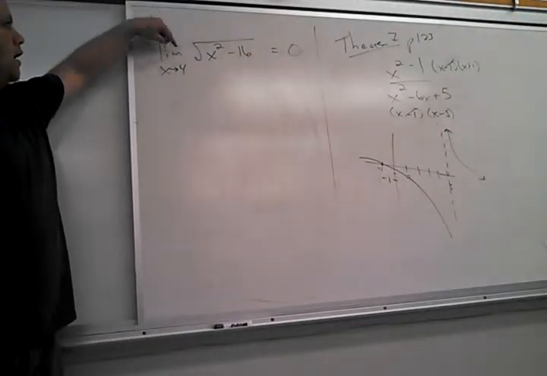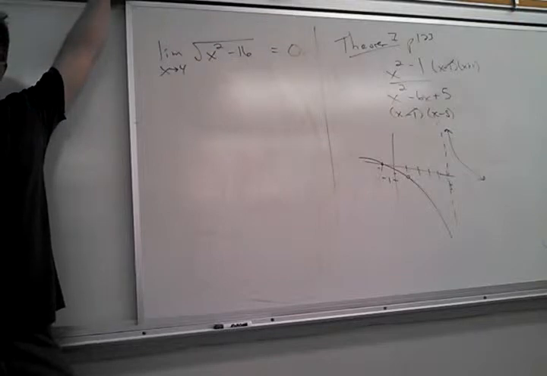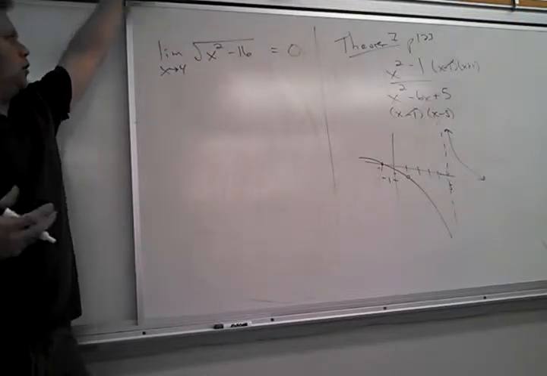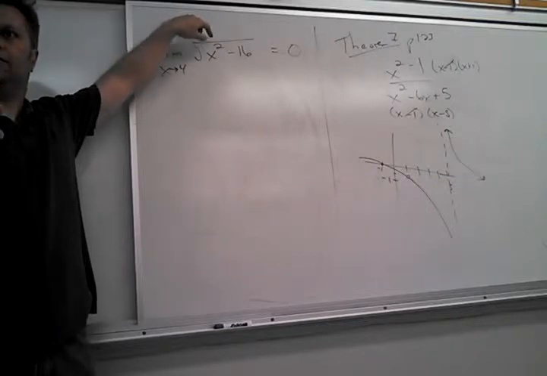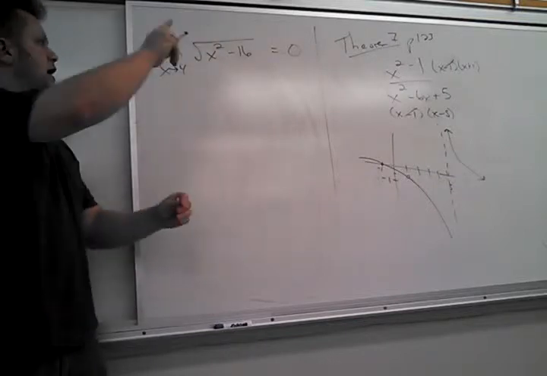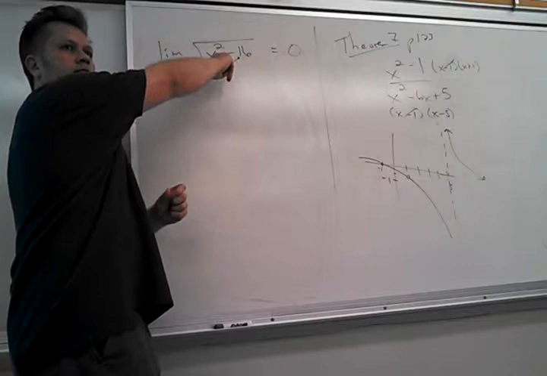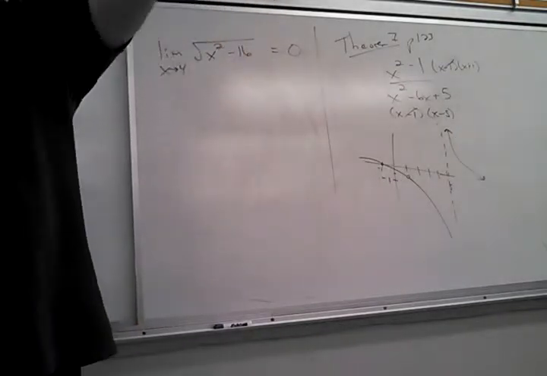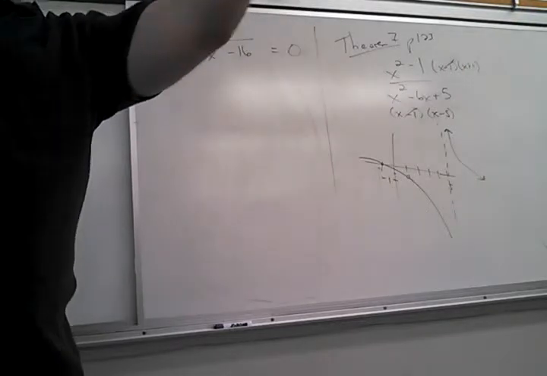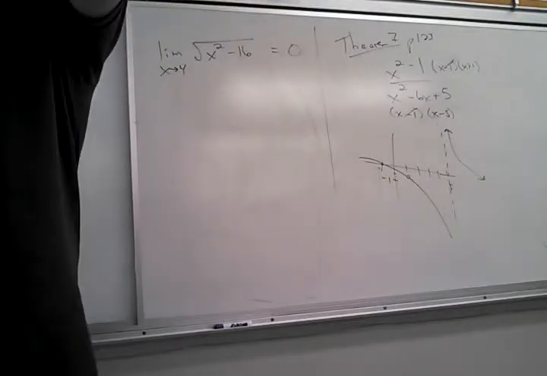Now, I didn't make a big deal of this, but root functions are continuous everywhere on their domain. If it's continuous, that's the one time you're allowed to plug that in. Because what does continuity mean? How does it relate to limits? If it's continuous at a point, that means the limit is the same as the function value.